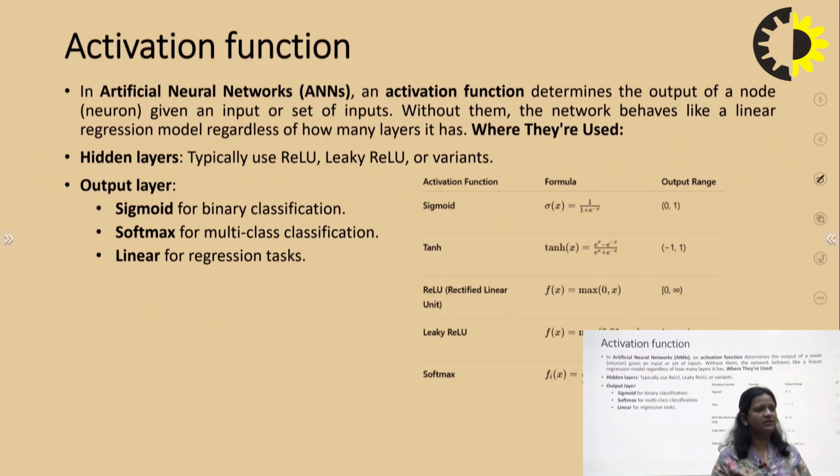Now, as we discuss, the activation function determines the output of a node for the given set of inputs. Without them, the network behaves like a linear regression model. If we are not going to use activation functions, then our model will behave like a linear regression model, where we have an input and produce an output.